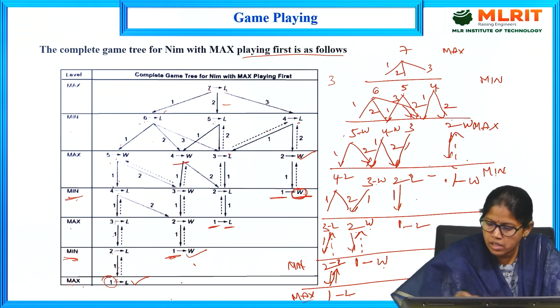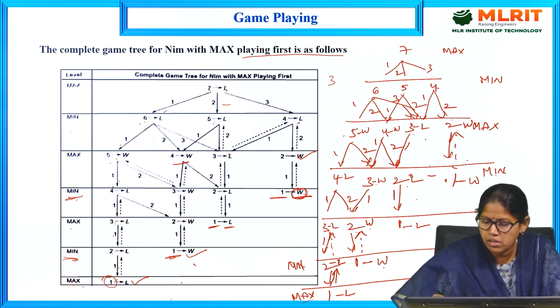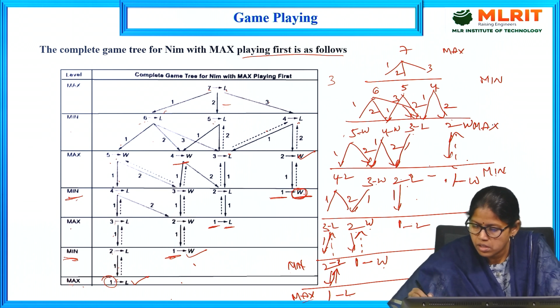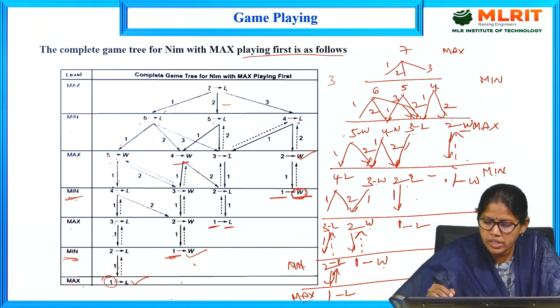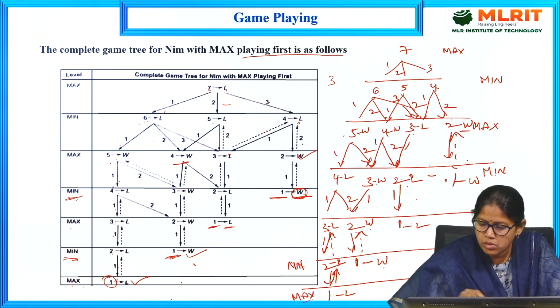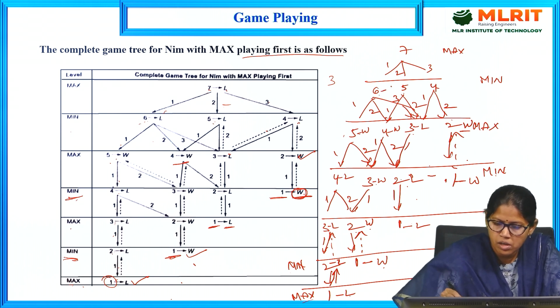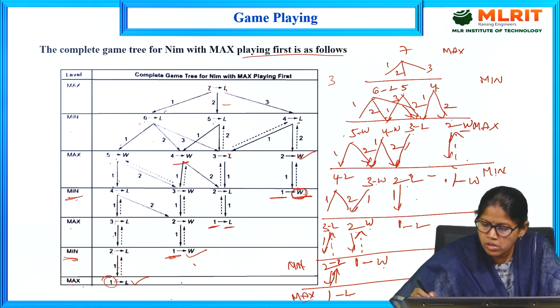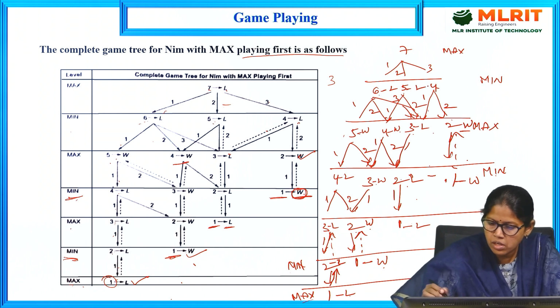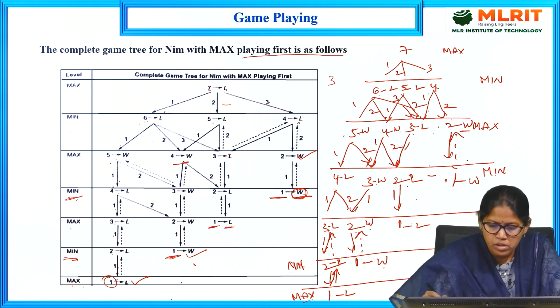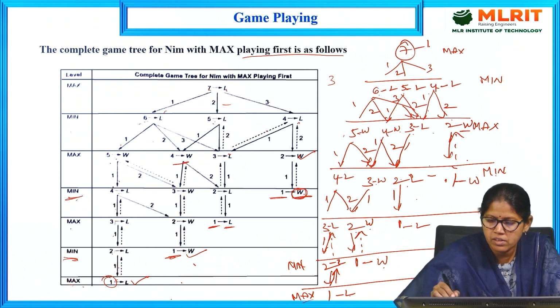Here at 3, all the successors are loss, so it takes a loss, and here win. Next, at the sixth node, win, win, loss, so it will consider loss. At the fifth node, win, loss, so it will take a loss only. At the fourth node, loss, win, so it will take loss, and ultimately it will be a loss.